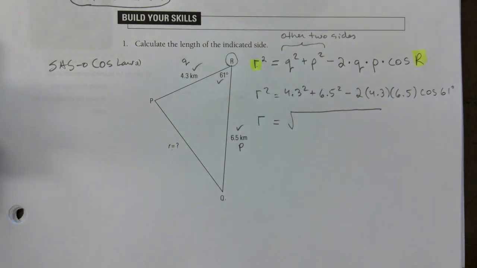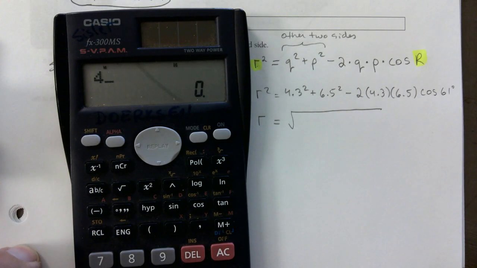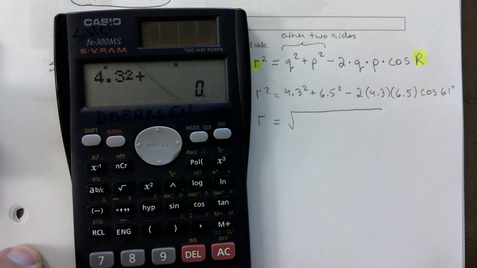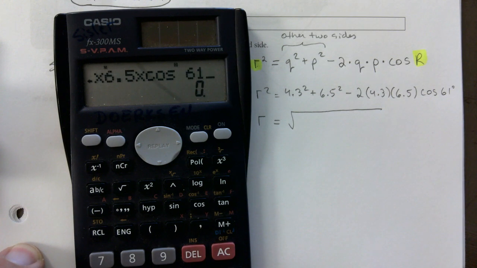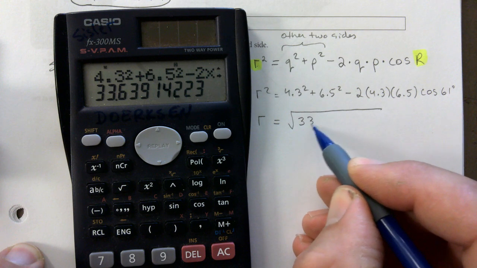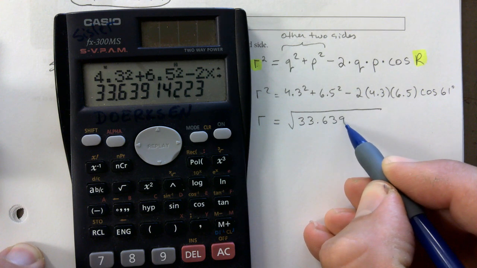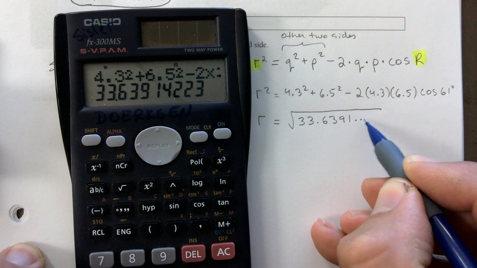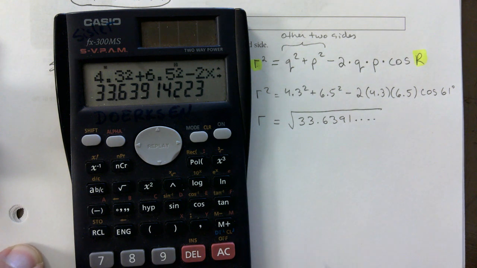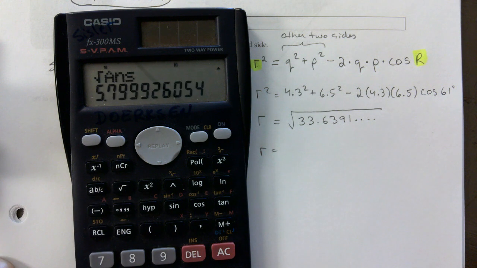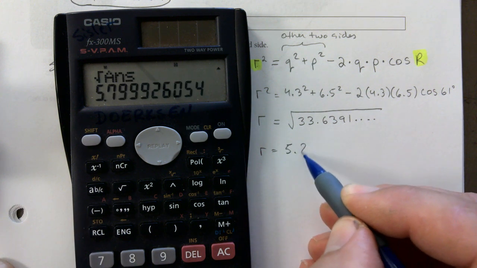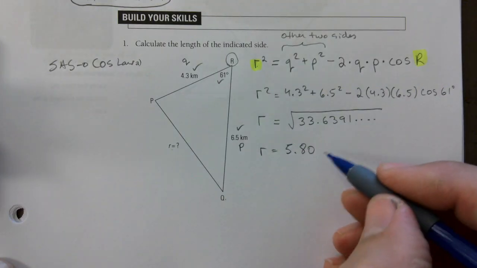Watch this. 4.3 squared plus 6.5 squared minus 2 times 4.3 times 6.5 times cosine of 61. You should get that. And better yet, I'm using all decimals. So I will just go square root of the answer, and it's 5.80, and we are in kilometers here.